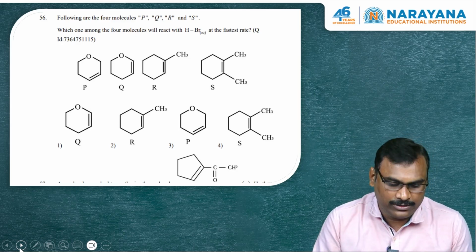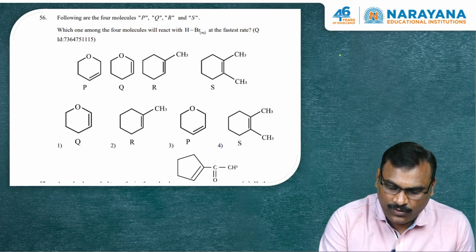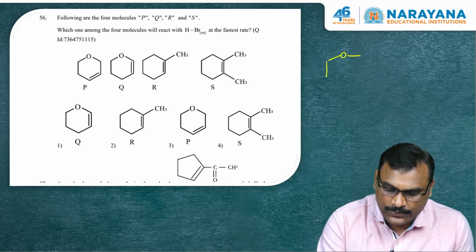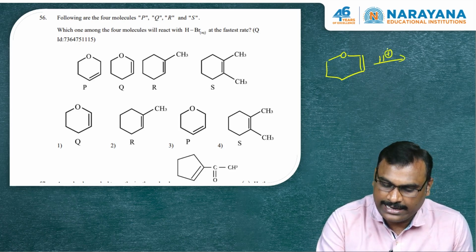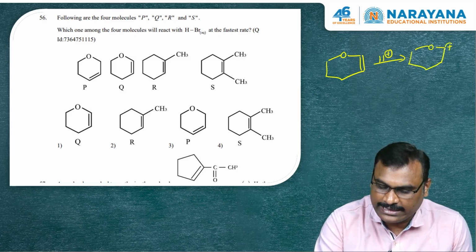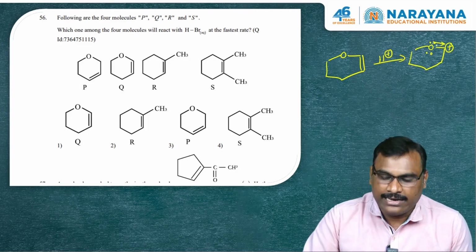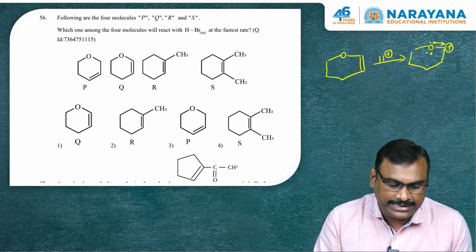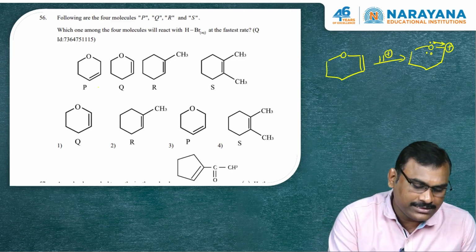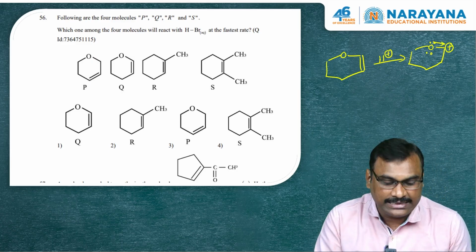these 4 molecules. So among these 4, the second option Q, after attack of H plus or the electrophile, generates the most stable carbocation due to the adjacent heteroatom with a lone pair, which causes back donation and stabilizes the carbocation. In the remaining P, the carbocation is destabilized by the minus I effect.